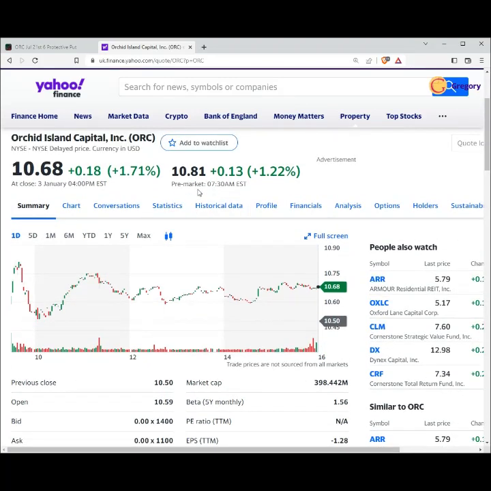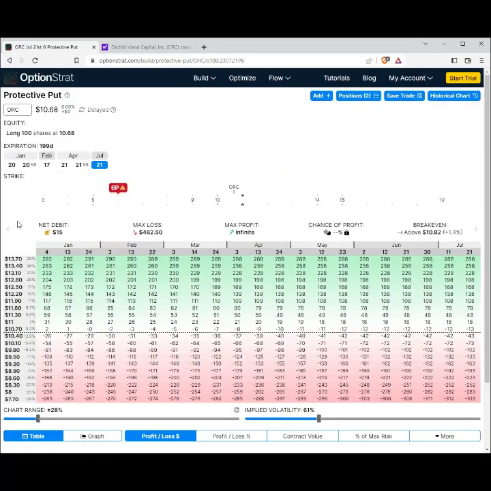So let's assume you have bought ticker symbol ORC on the 4th of January 2023, and you're happy to sell your shares at $14 on the 21st of July 2023. So what will happen is you come to Optionstrat, select the protective put strategy, you enter ticker symbol ORC, and then you select the July 21st expiration date.